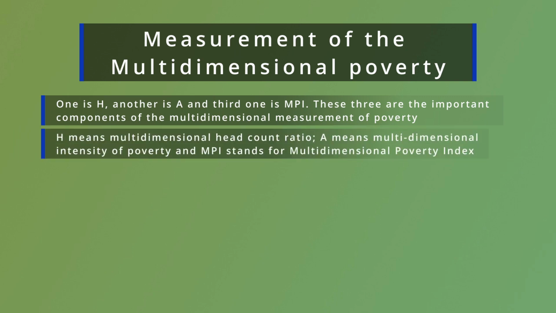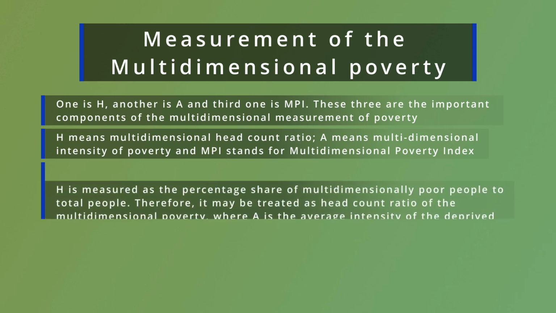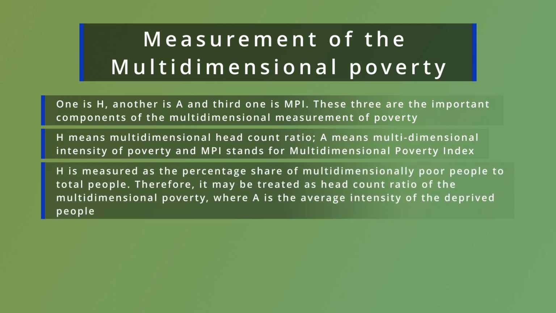H means multidimensional headcount ratio, A means multidimensional intensity of poverty, and MPI stands for multidimensional poverty index. H is measured as the percentage share of multidimensionally poor people to total people. Therefore, it may be treated as the headcount ratio of multidimensional poverty. Whereas A is the average intensity of the deprived people.